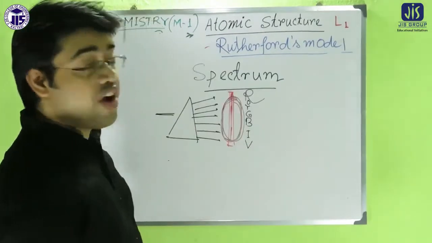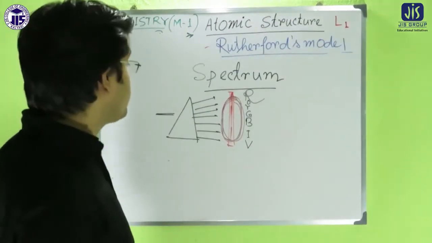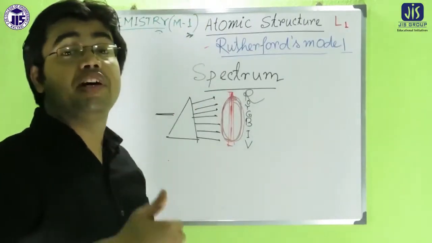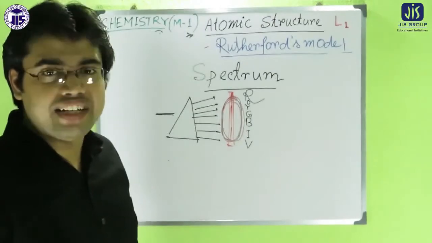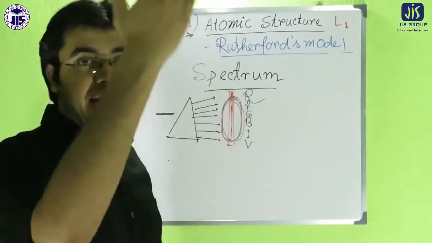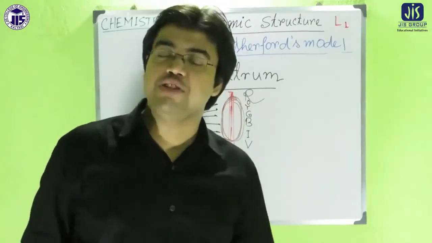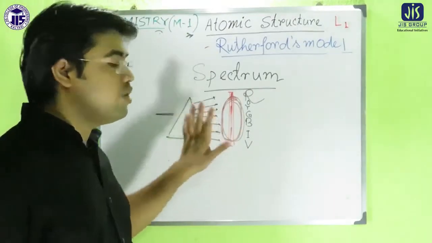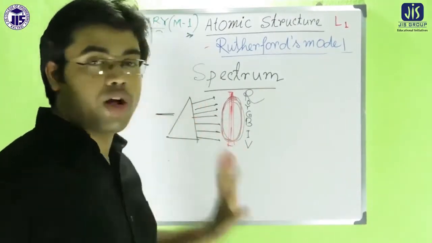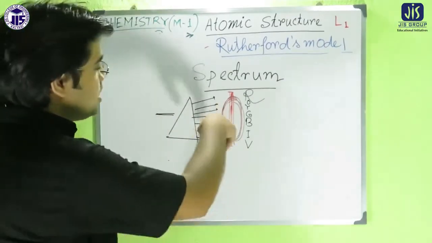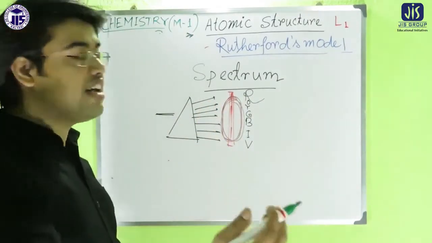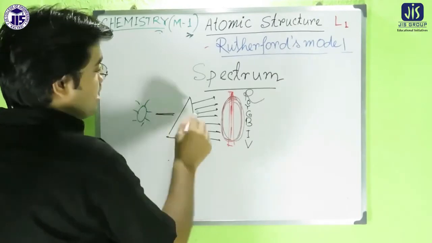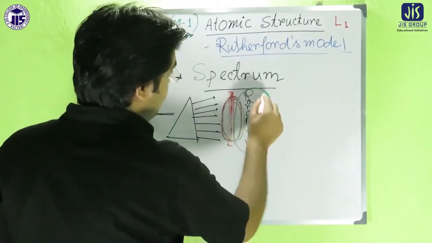Spectrum means when a light passes through any device, the particular wavelengths are split one by one, and if we detect each and every individual wavelength, what we get is called a spectrum. In the case of white light coming from the sun, we get a band of colors.